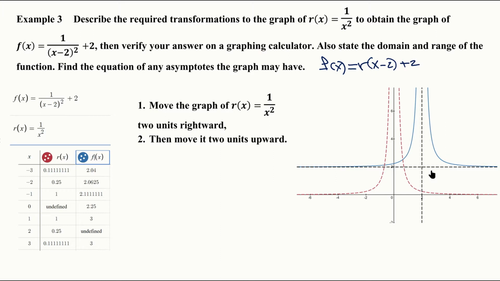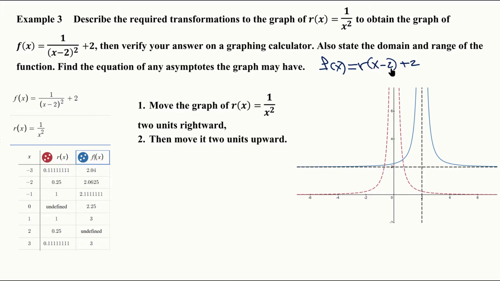So notice with this particular one, it's not only going to be the vertical asymptote that's going to move. Notice in red we have 1 over x squared. That's our reference function, right? We know that its vertical asymptote is right there.